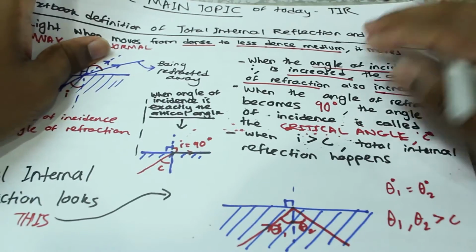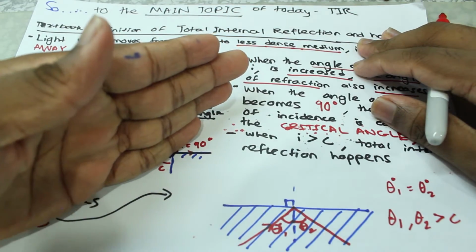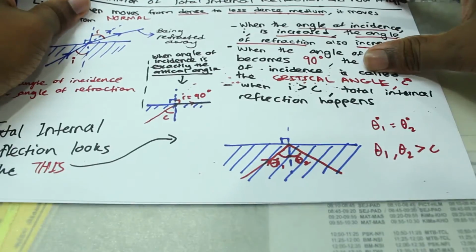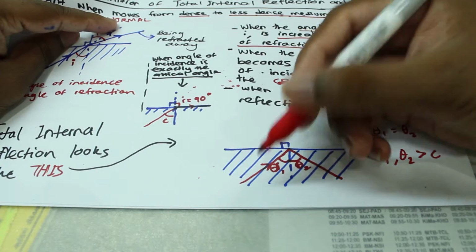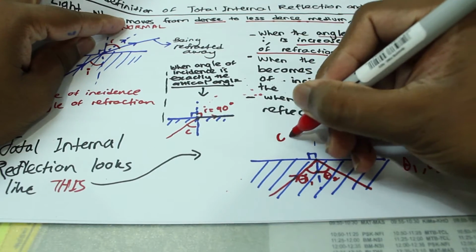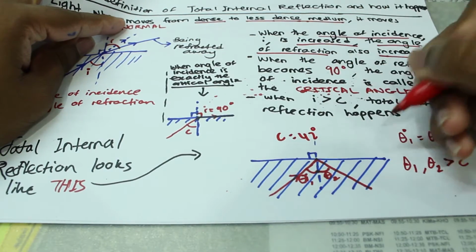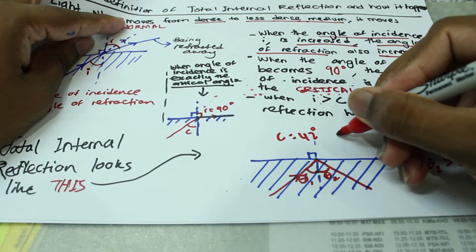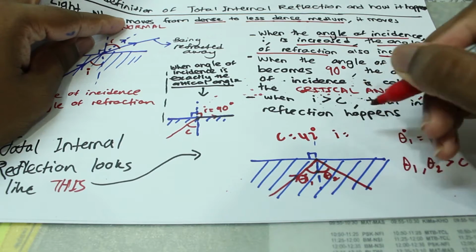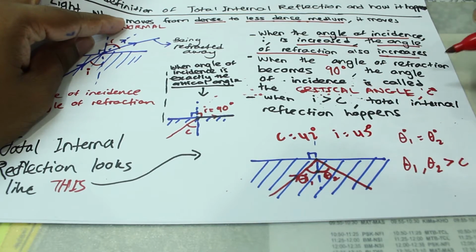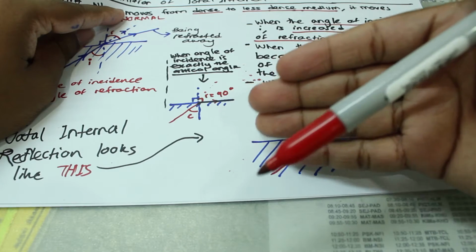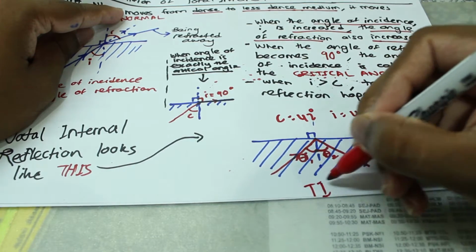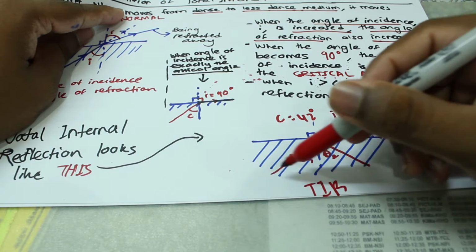So if we increase the incident angle more than the critical angle, let's say the critical angle is 42 degrees, which is the normal critical angle for glass, and the incident angle was, let's say, 45 degrees, then you get a result like this, where total internal reflection occurs.